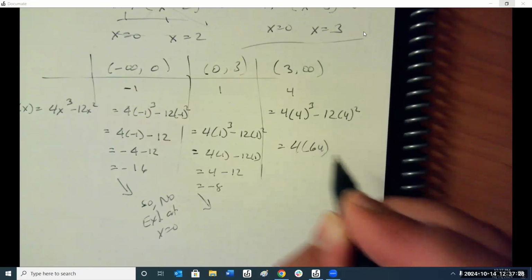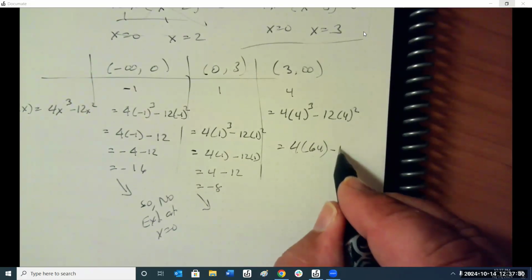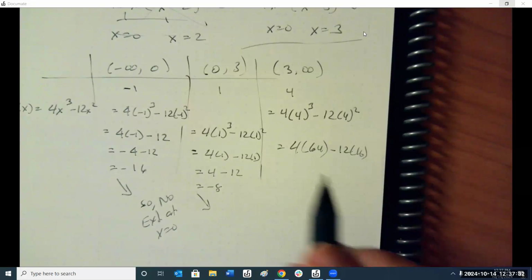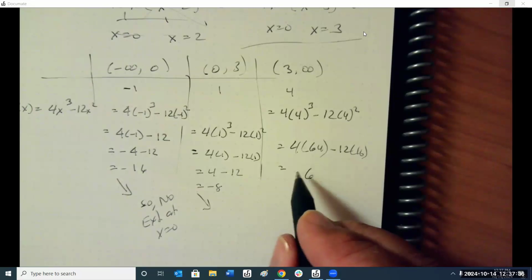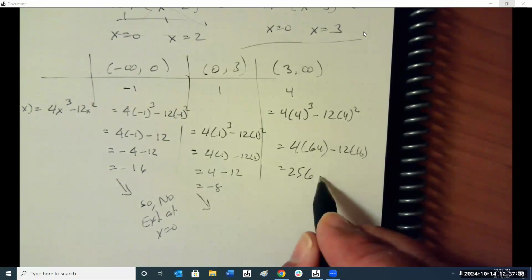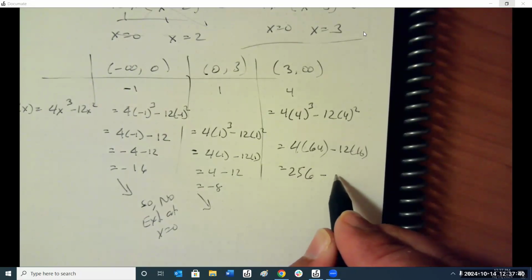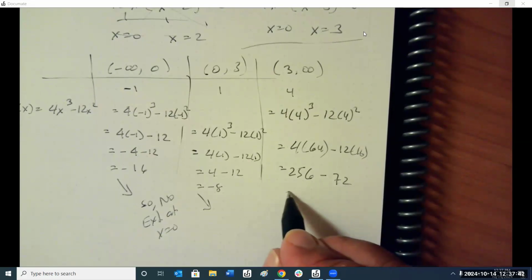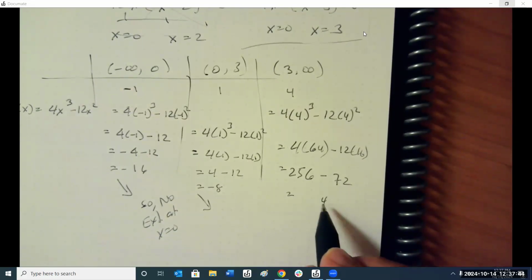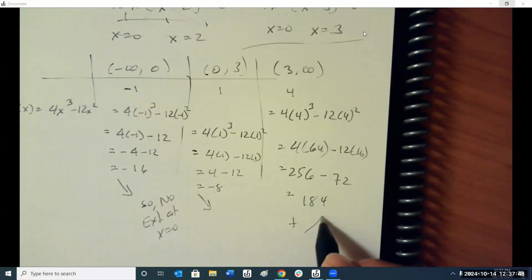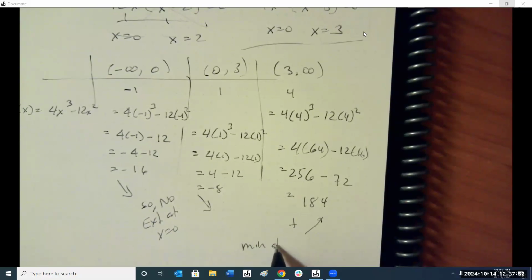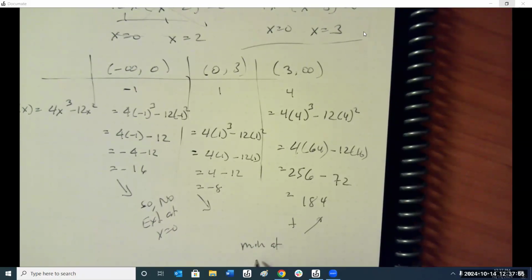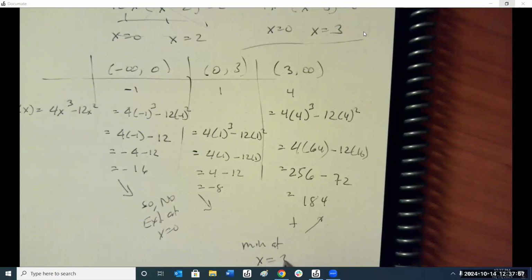At 4, it's 4 times 64 minus 12 times 16, so 256 minus 192. It's positive, so it's going up. So min at x equals 3.